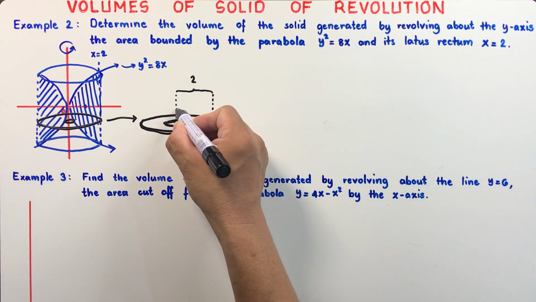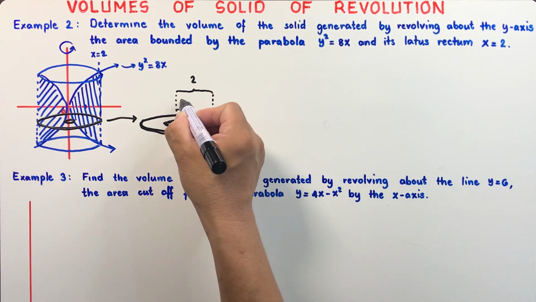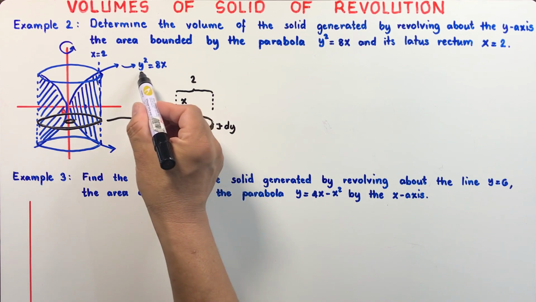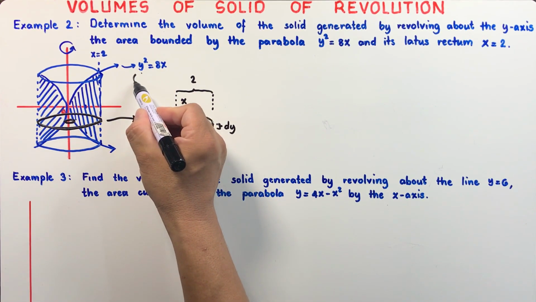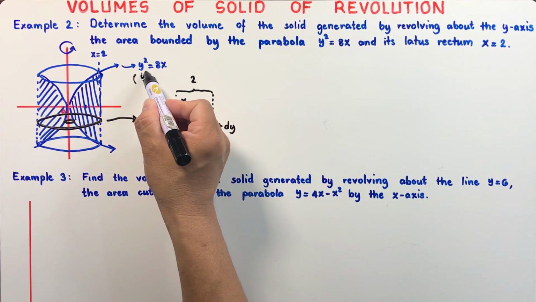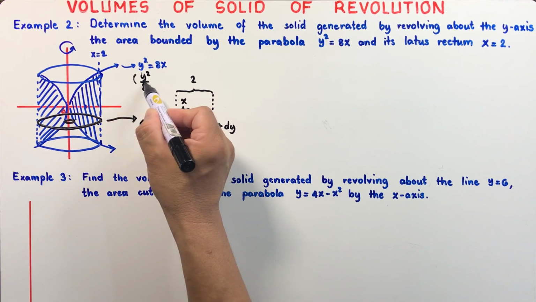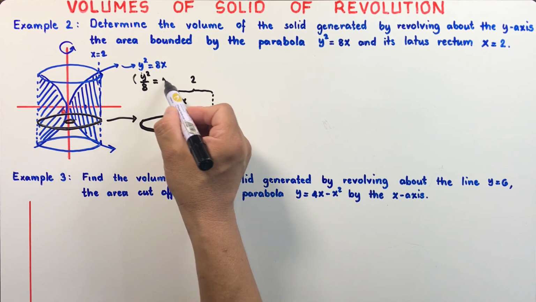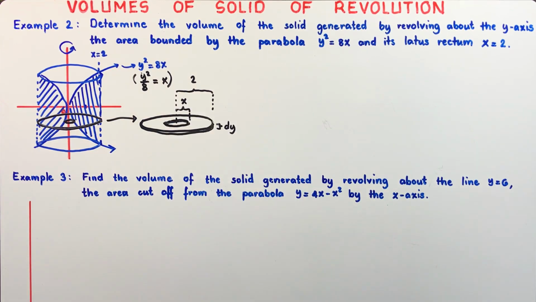So this one has a length of the x of this parabola, and this can be obtained when you divide both sides of the equation by 8. So this is y squared over 8, which is equal to x.